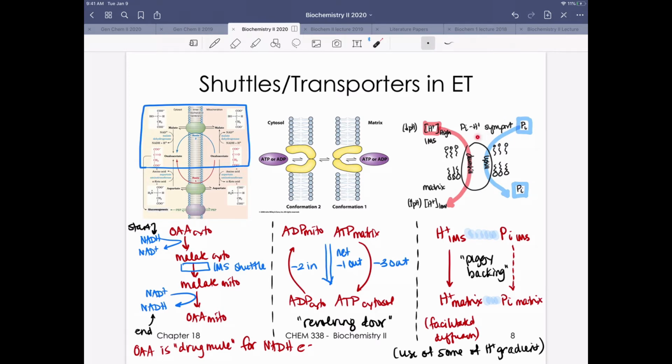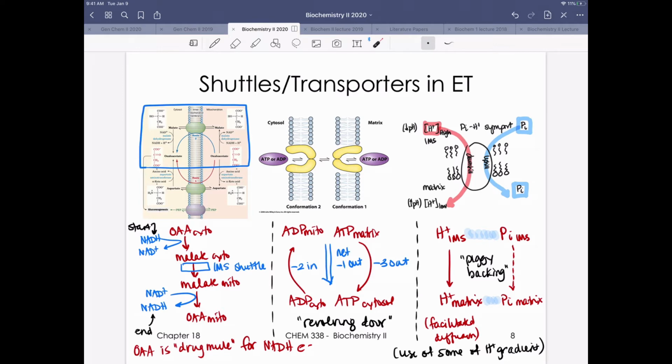Symport means they're moved in the same direction, but in this way too, we could say that this is secondary active transport for this inorganic phosphate, because we are using the gradient from another molecule to be able to pull something in.